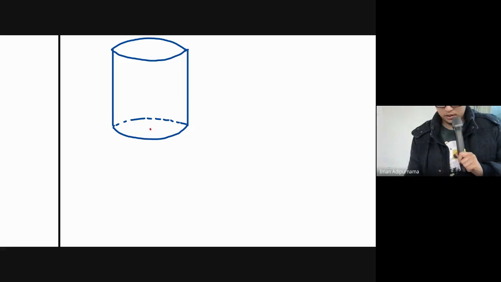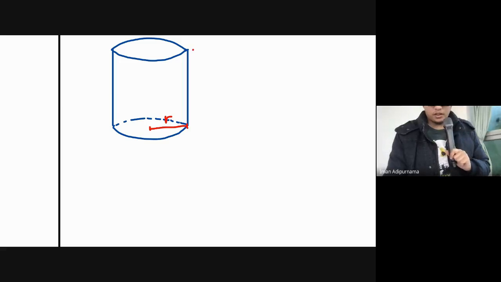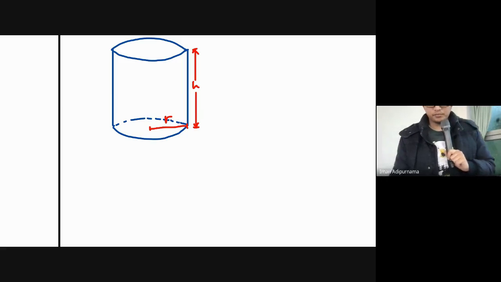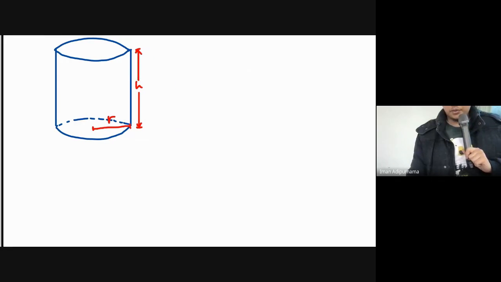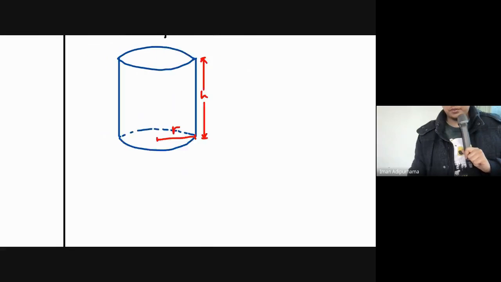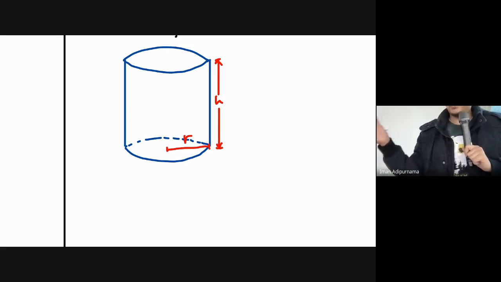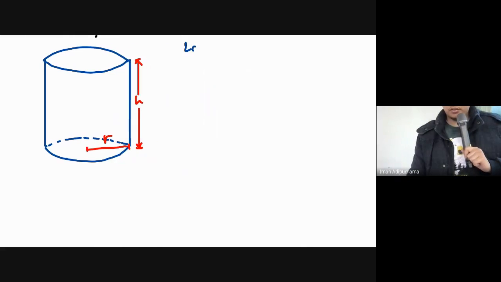Let's say the radius is r for the circle, and the height will be h. Like I said before, if we are trying to find the lateral surface area, I will write this lateral surface area.